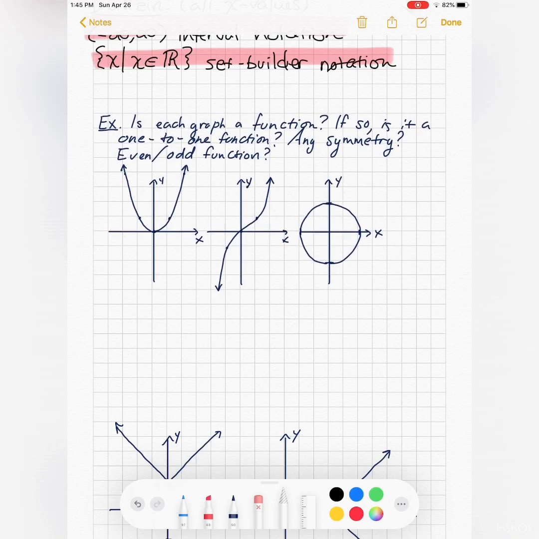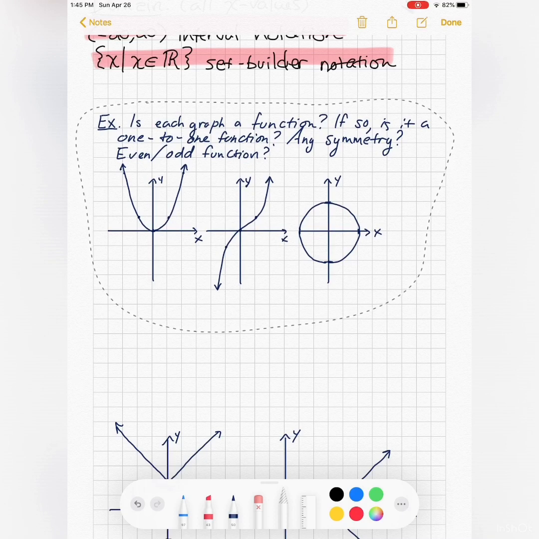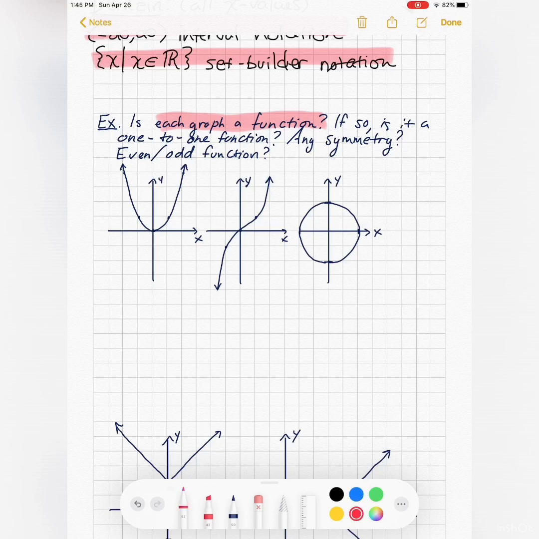A little more space there. Okay, so is each graph a function? So do you remember how we answered that? So for a relation to be a function, each x has to have only one y, and we could check that graphically using what was called the vertical line test.